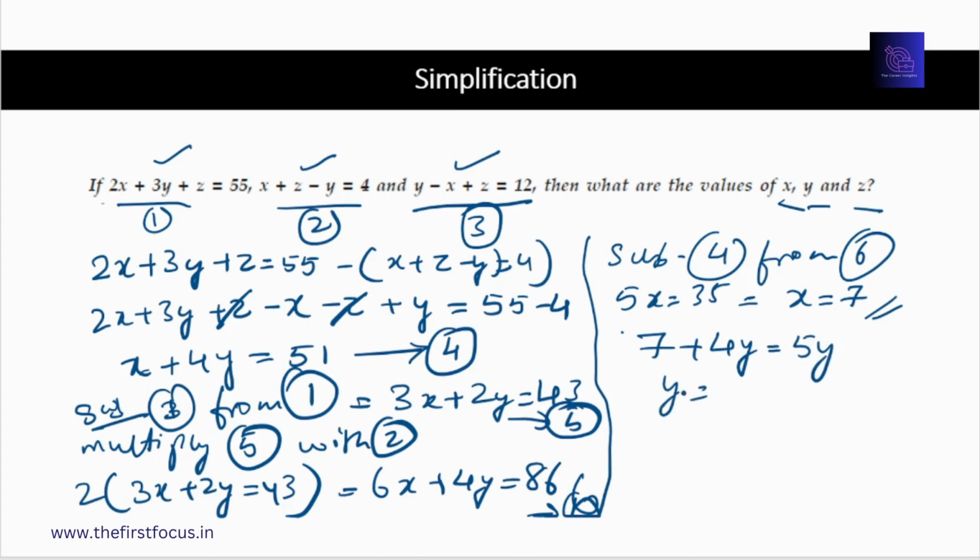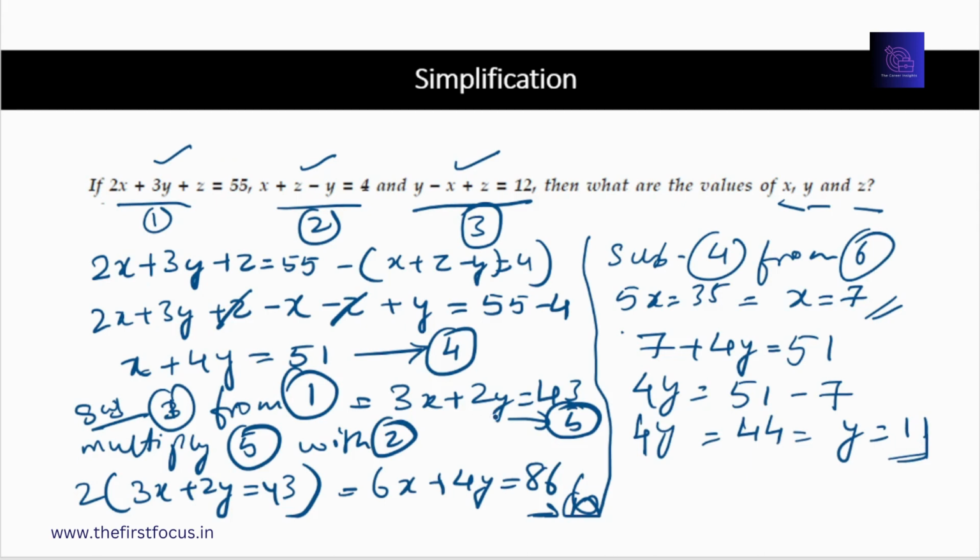So 4y is equal to 51 minus 7, which is 44. That is 4y is equal to 44. So y is equal to 11. So this is the value of y.